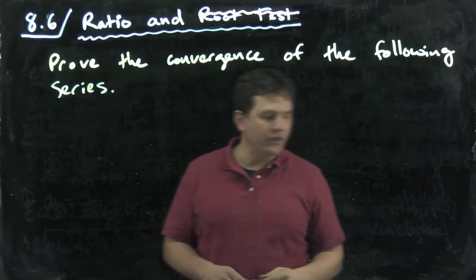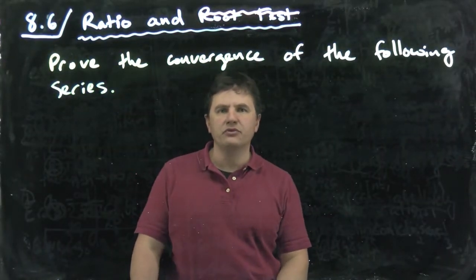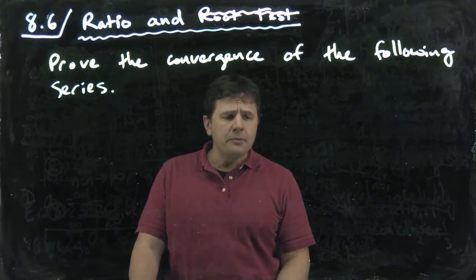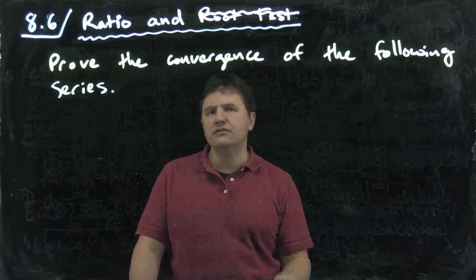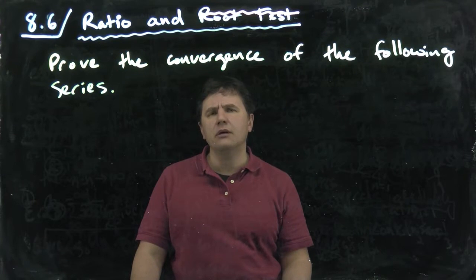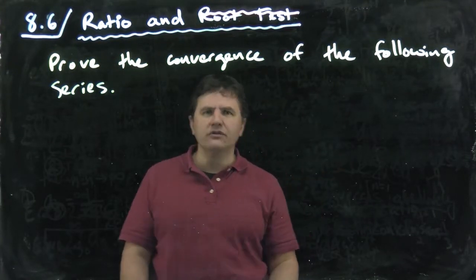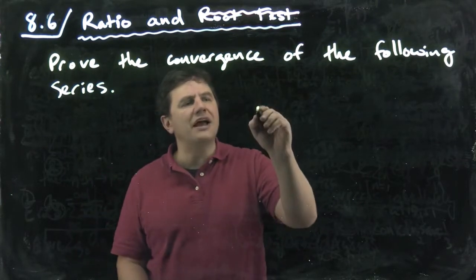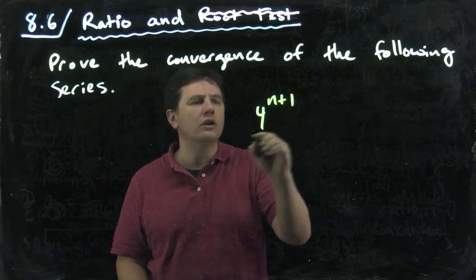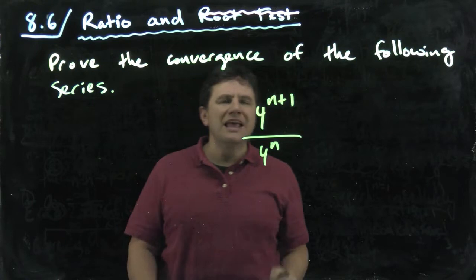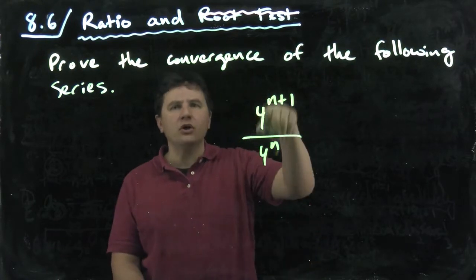Before we get to the examples, I just want to address a couple things we're going to have to work with today. Because we're doing a sub n plus 1 over a sub n, we have to look at some different combinations. For instance, if I had something like 4 to the n plus 1 over 4 to the n, these will cancel.